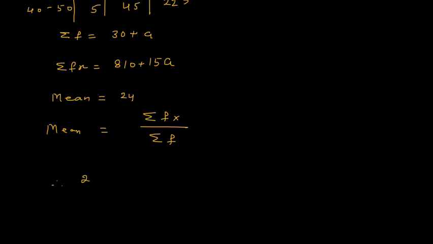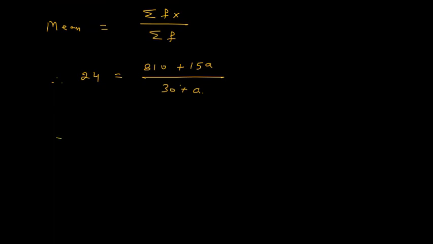Therefore, we can say that this 24 is equal to (810 plus 15a) divided by f, which is 30 plus a. So therefore we can say that 24 into (30 plus a) is equal to 810 plus 15a.